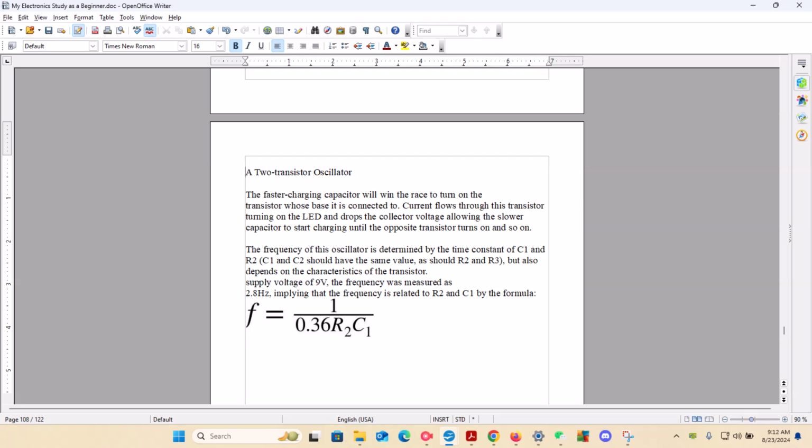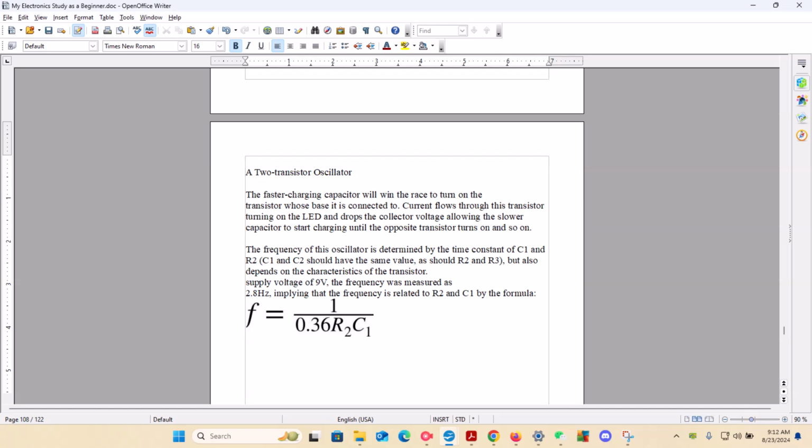The frequency of the oscillator is determined by the time constant of C1, your first capacitor, and resistor 2. Capacitor 2 should have the same value as capacitor 1, as should resistor 2 and resistor 3. So these should be the same.